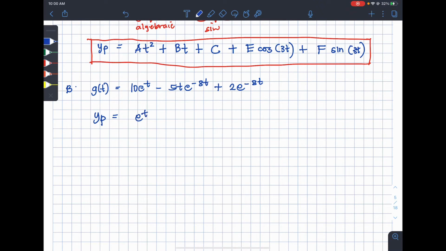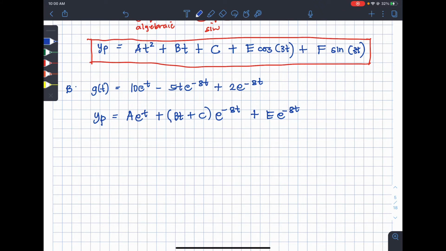So e^t lang siya, nakamultiply sa kanya is constant, so that would just be a. Tapos meron tayong exponential multiplied with algebraic. So kung since algebraic yan, tapos nag-start siya sa t, so that will be bt plus c. Then e raised to negative 8t. Then plus e raised to negative 8t.